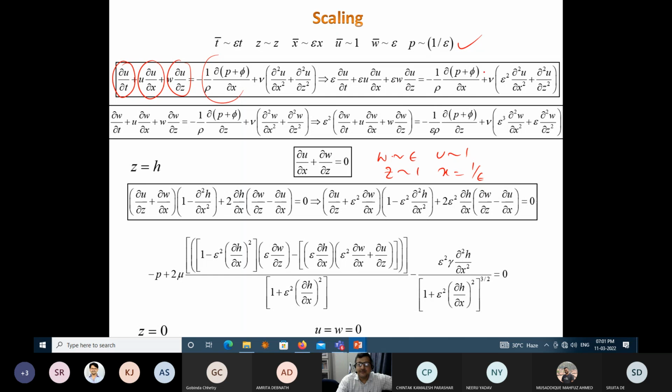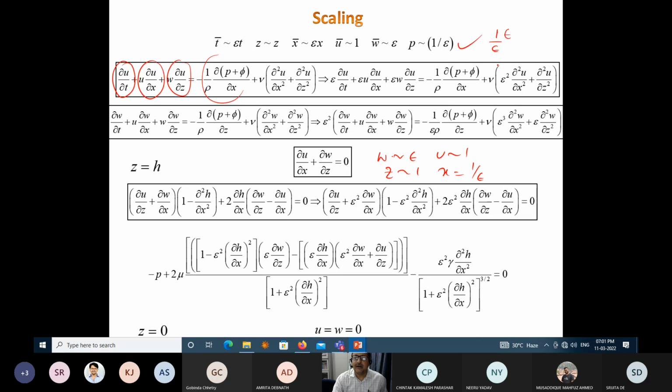Now P has 1 by epsilon, phi has 1 by epsilon. P and phi both have 1 by epsilon, right? That is very high. And X also has 1 by epsilon.